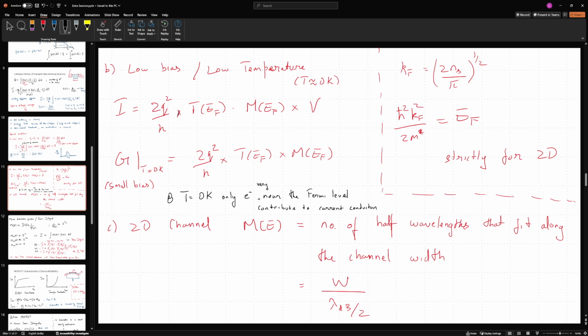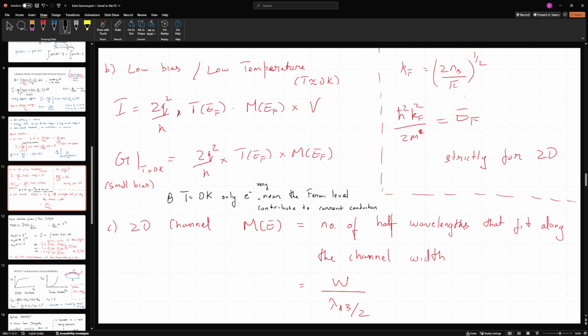Okay. So another relationship that we have is the relationship between kF, the Fermi momentum or the Fermi wave number, and the surface charge density. So for a 2D system, this is the relationship. Or alternatively, I can say kF equals (2πns) to the power half.